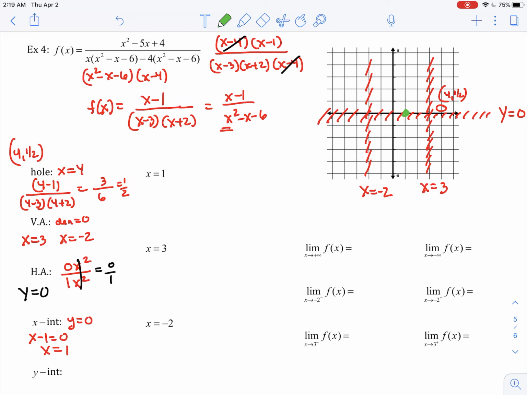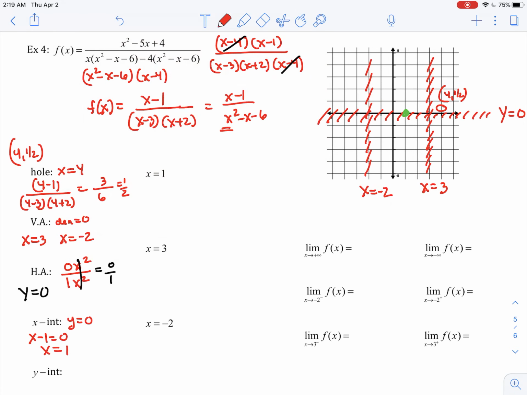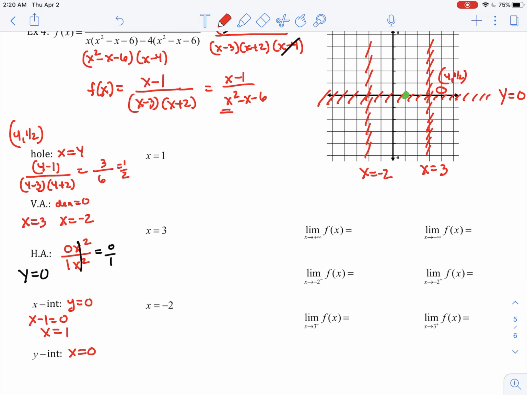right there. And our y-intercept is where we set x equal to 0. And if I set x equal to 0, I'm going to have 0 minus 1 over 0 minus 3 and 0 plus 2.